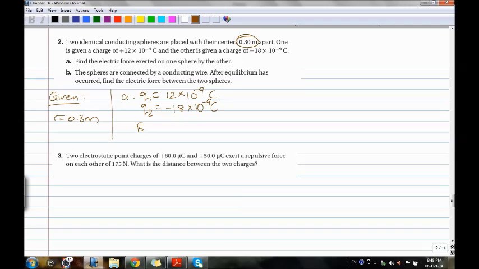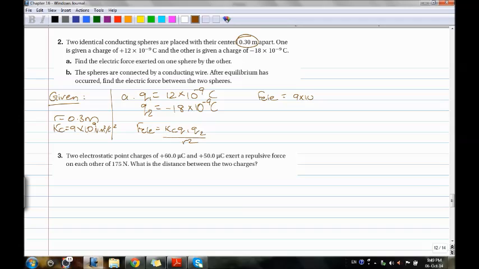And this is the formula. So let's apply it. Remember, Kc is 9 times 10 to the power of positive 9 newton meter squared per coulomb squared.